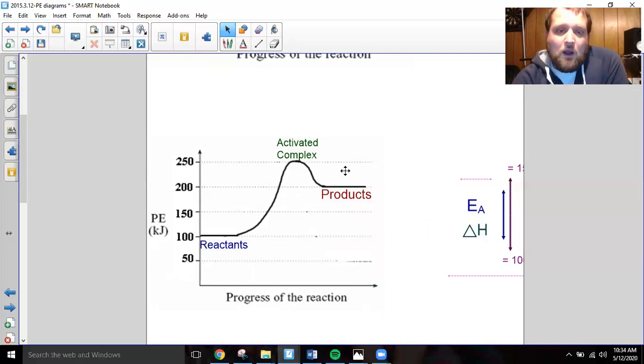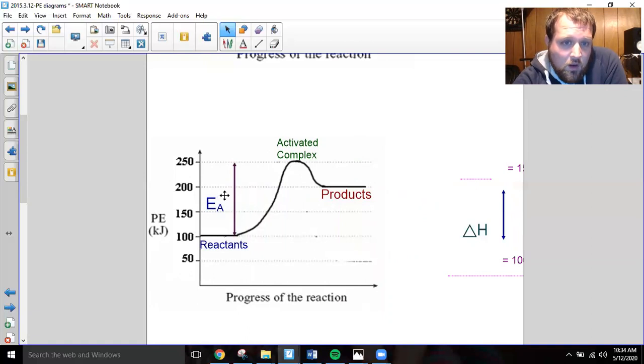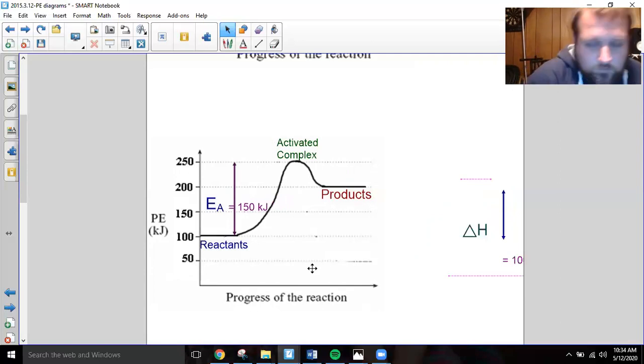So for this reaction, the activation energy is much larger. We have to go all the way from 100 all the way up this hill to 250. So that's a pretty big activation energy. In this case, from 100 to 250 is 150 kilojoules.